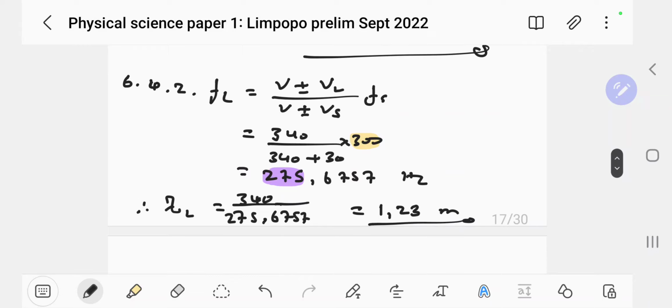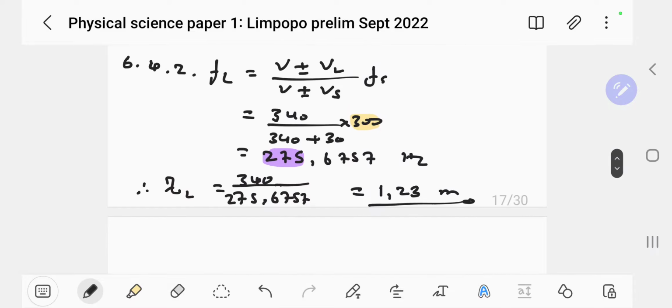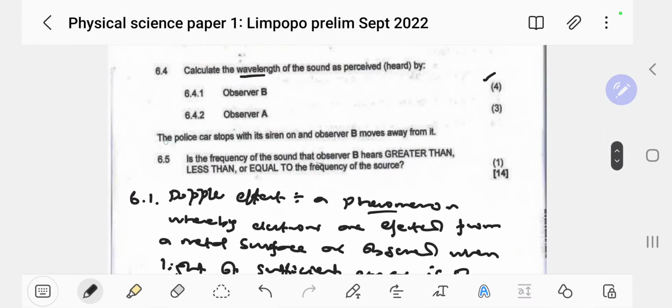Usually here, because this is a sub question of another sub question within the same question, technically I would simply say you're getting a mark for a correct answer here. You're getting a mark for the substitution in that final answer, because this time they wanted us to do a wavelength. Okay, no problem.